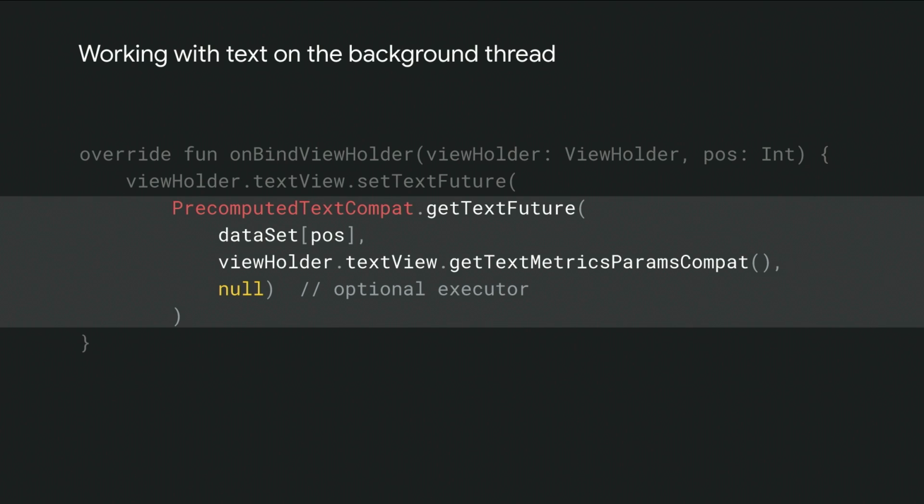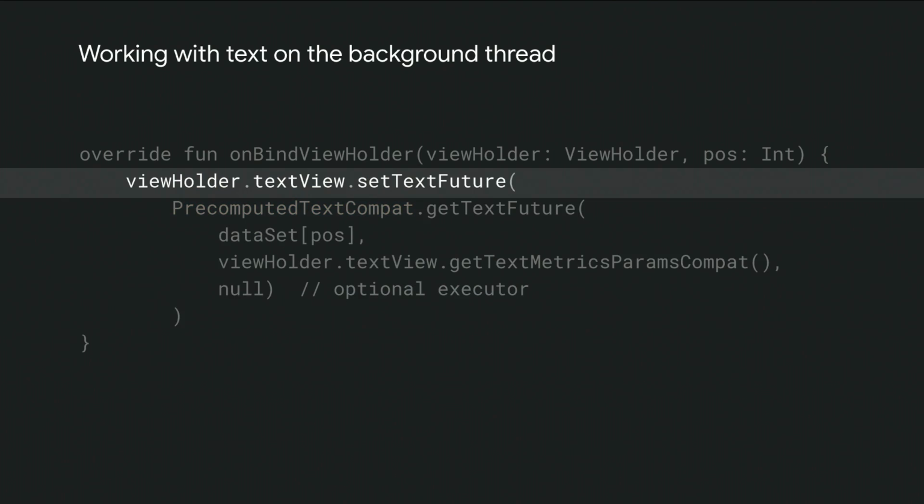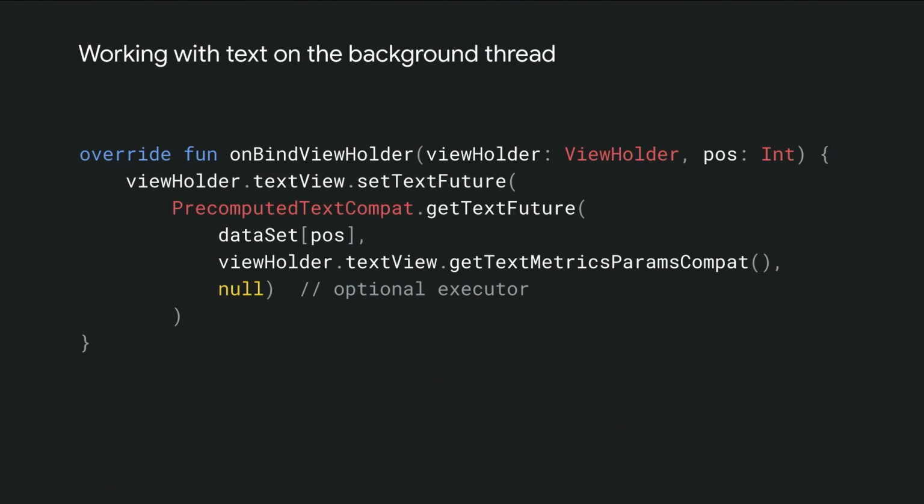The getTextFuture schedules text work on the given executor and returns the future of the result. Once you get the future, you can set it to the AppCompatTextView by calling setTextFuture. Basically, that's it. By calling these two APIs, you can move the text work to a background thread.